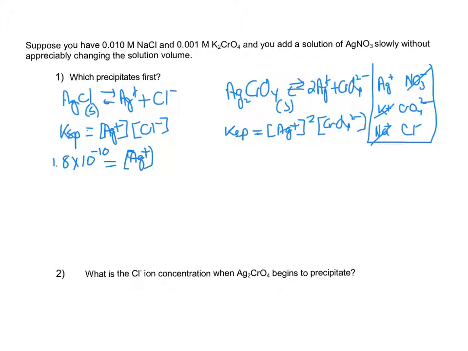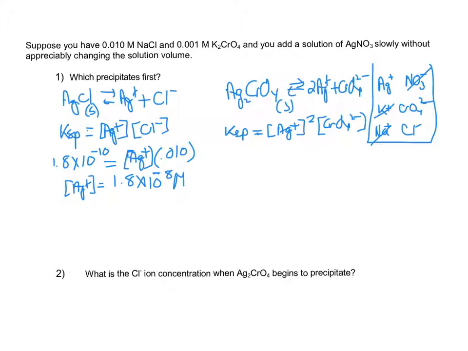So if we want to know what the Ag+ concentration would be, we plug in just the Cl- concentration there. It is 0.010 molar, and so hopefully you can do this one by hand. The Ag+ concentration would be 1.8 times 10 to the negative 8th molar. So when I reach this concentration of Ag+, my AgCl starts to precipitate.